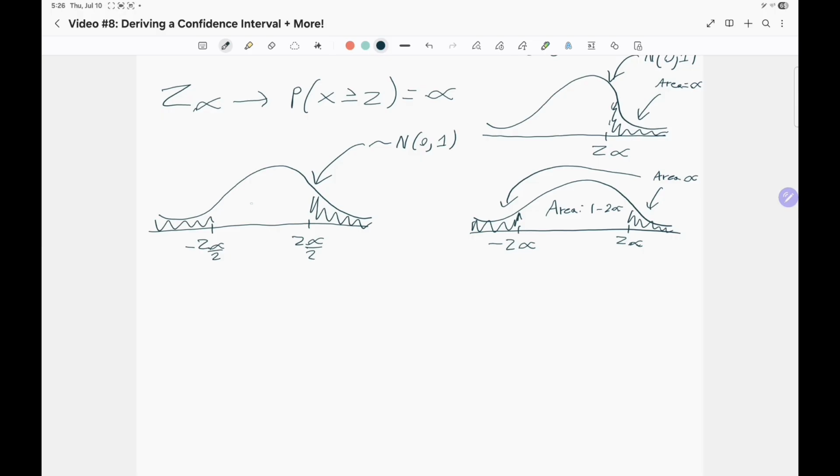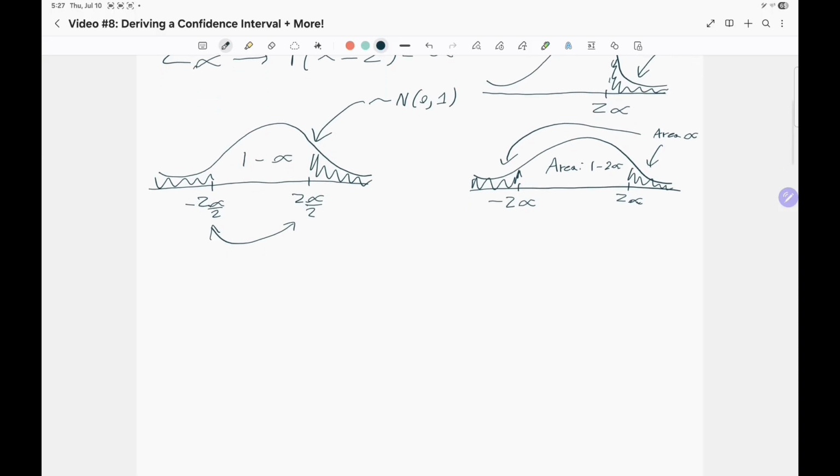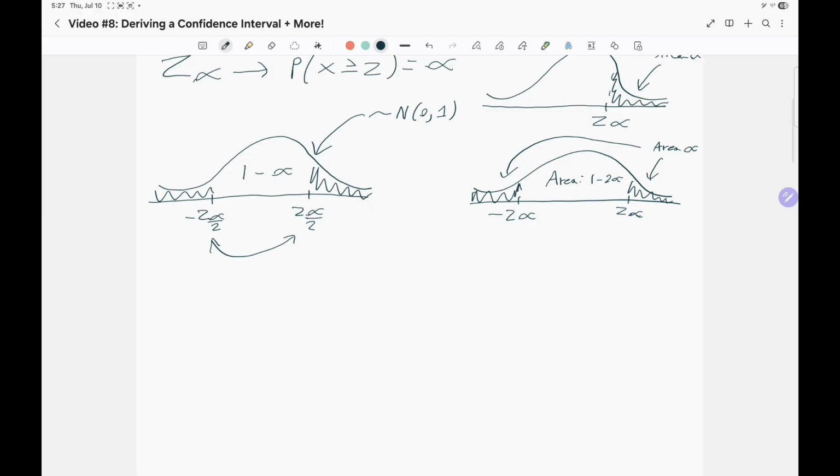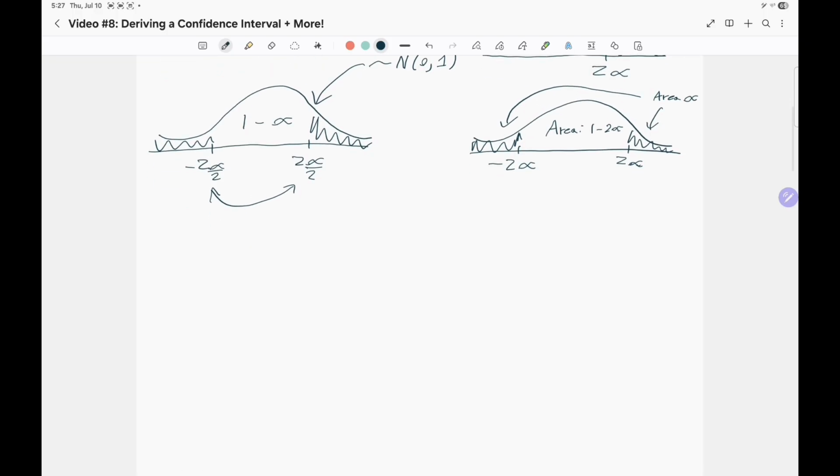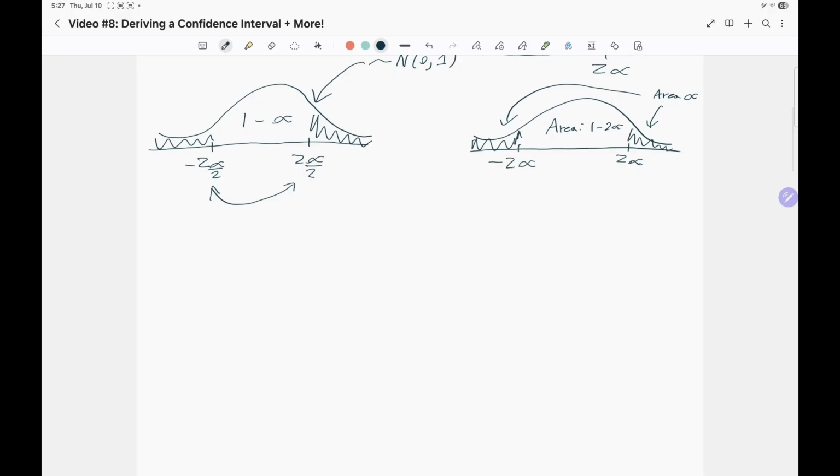So the area on the inside is going to be 1 minus alpha. And so between these two values, we're sure that what we're looking for here is the mean. We're going to be in between those two values with a probability 1 minus alpha. Whatever we're doing, we're going to do a confidence interval for the mean. So how we start out is the probability that the sample mean. We start off with the sample mean, and then we take a step further.